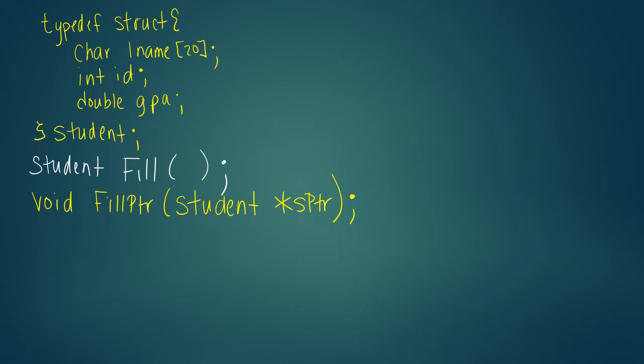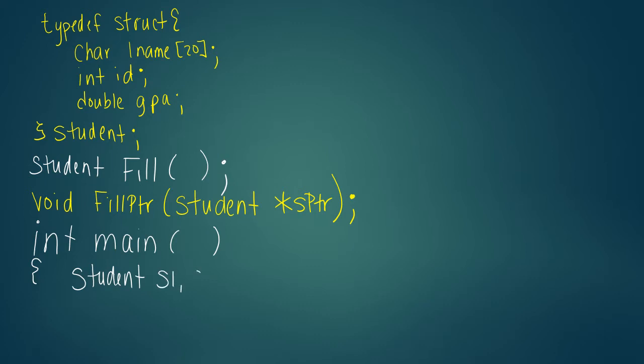Now you can call these functions from within any function in your program, but I'm going to declare the instances of student in my main function. We will declare 5 students: S1, S2, S3, S4, and S5.